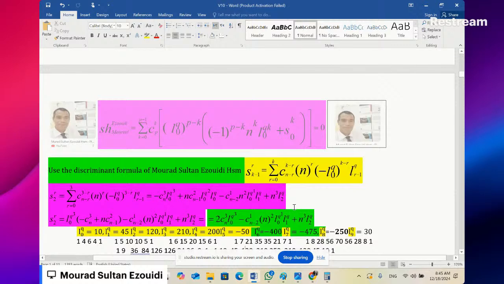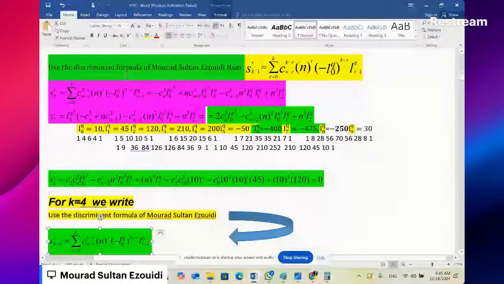Okay, so now I'm going to find S2, my kids. I should, first of all, put k equal to 3 in the discriminant formula, S subscript k minus 1 for the r, equal to the sum from 0 to k, combination n minus r choose k minus r, n raised to the power r, between parentheses negative 1 for the k minus r times L r minus 1 of the q. So this one, I will focus on the last formula: 2 times combination n choose 3 times L0 of the q raised to the power 3, minus n squared L0 of the q raised to the power 1 times L1, plus n cubed times n.